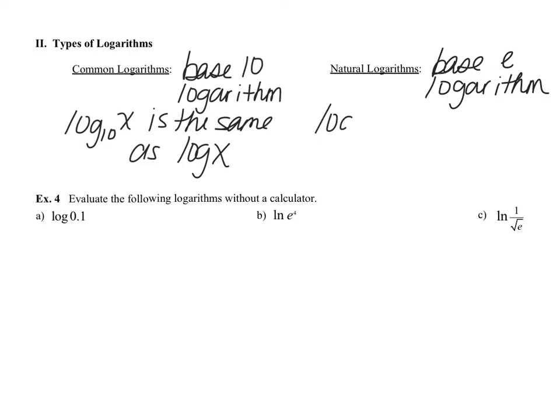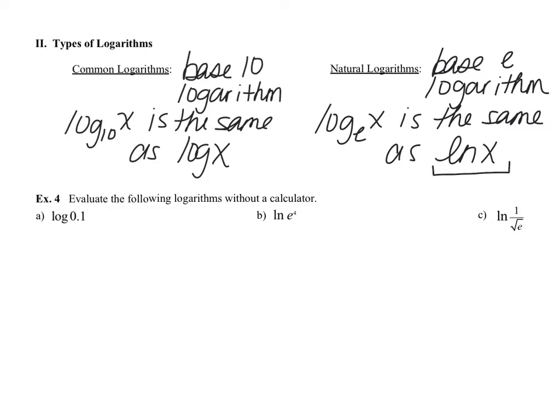Rather than writing log base e of x, we instead use the term natural log and we write it out. So log base e of x is the same as natural log of x, written ln of x, which is read natural log of x.